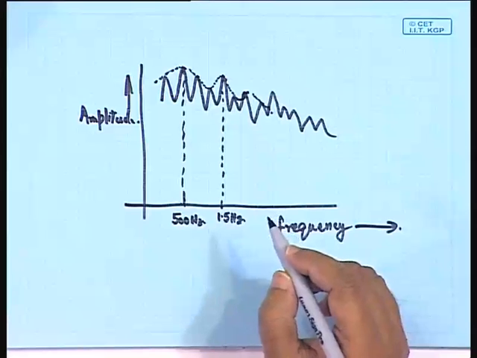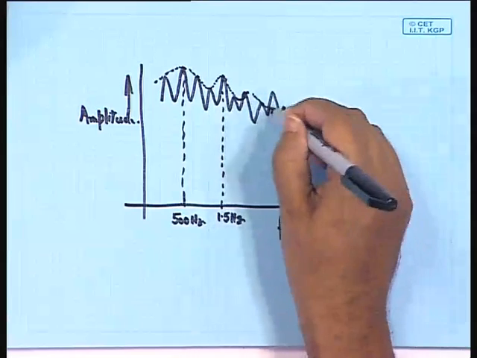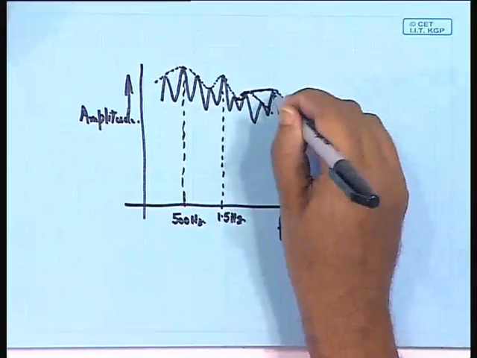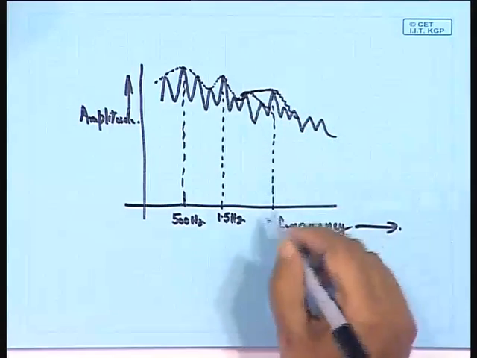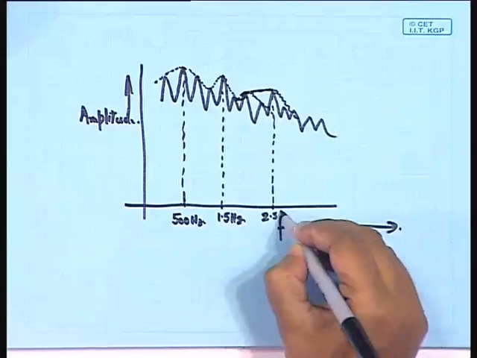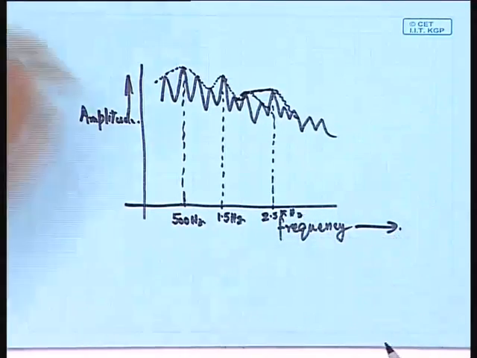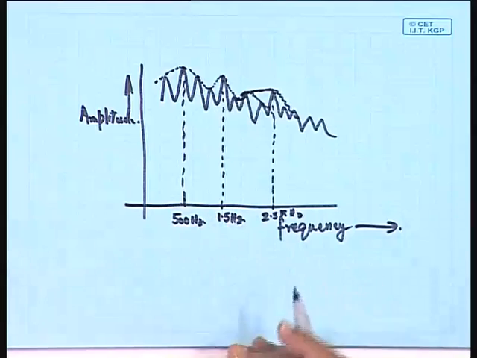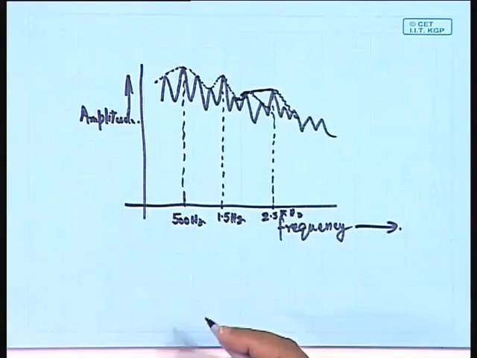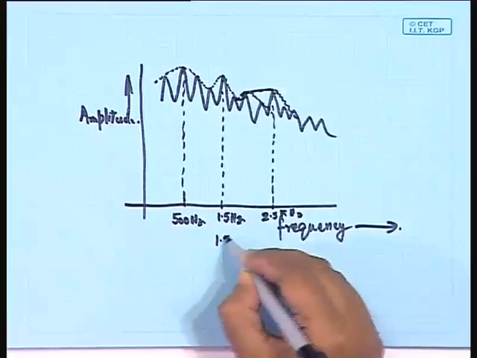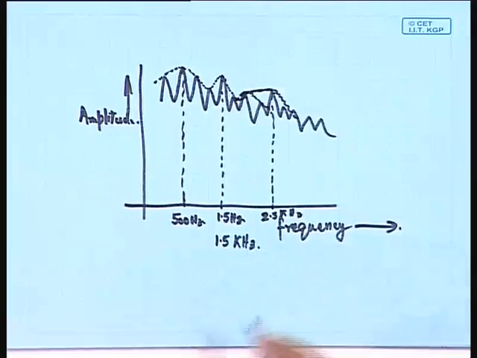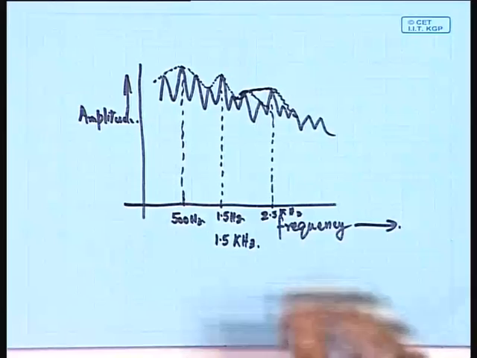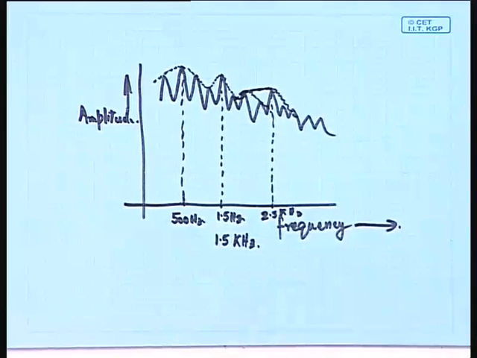Supposing this is 1.5 kilohertz, and supposing the next formant frequency, I may draw it like this, and here the next peak is occurring at 2.5 kilohertz. So, this 500 hertz would correspond to the first formant frequency, 1.5 kilohertz should correspond to the second formant frequency, 2.5 kilohertz would be the third formant frequency, and so on.